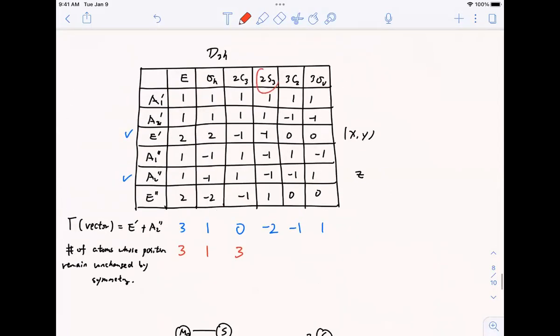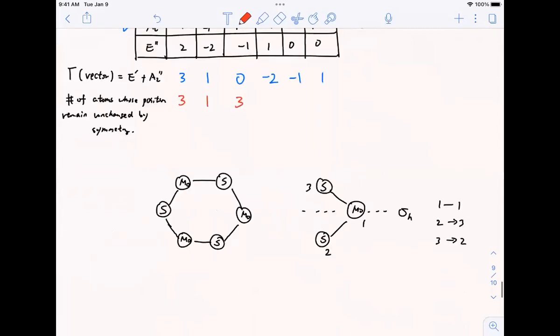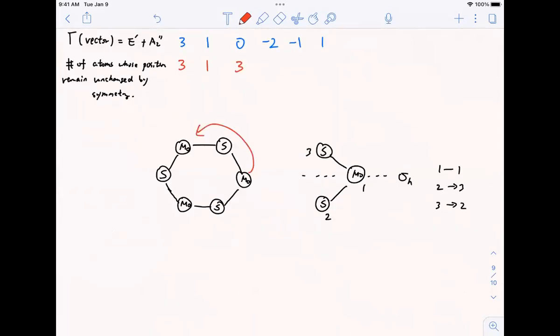Okay, now let's go to the 2S3. This 2S3 means you rotate 120 degrees and then do a reflection. If you rotate, you go back to itself. That's fine. But once you do this mirror reflection, the 2 will become 3, and 3 will become 2.